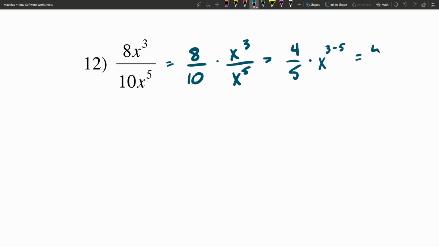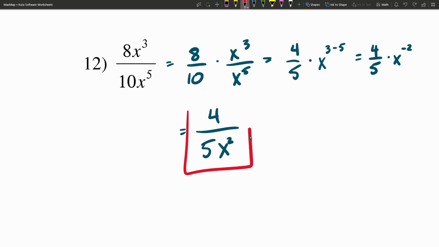From here, we get 4/5 times x to the negative 2, which we can write as 4 over 5x squared when we turn that negative exponent into a positive exponent. So 4 over 5x squared is our solution for number 12.